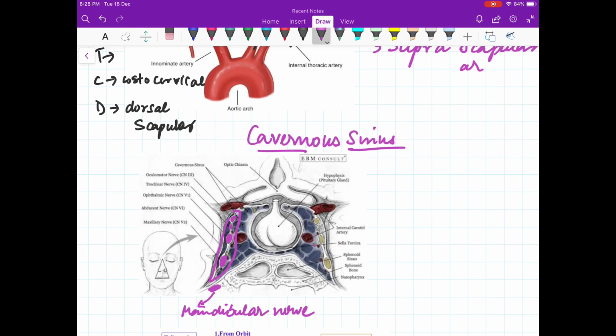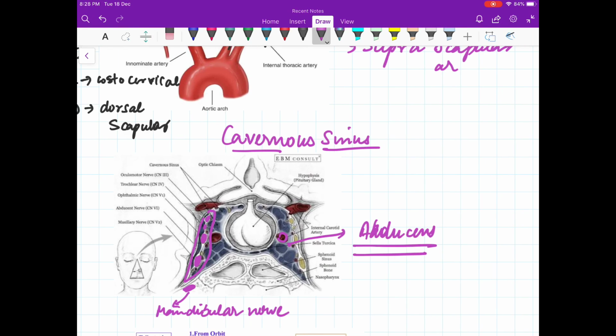The nerve just adjacent to the internal carotid artery is abducens nerve. Friends, hope you know which muscle abducens supplies. The mnemonic is LR6, SO4. Sixth nerve supplies lateral rectus muscle.